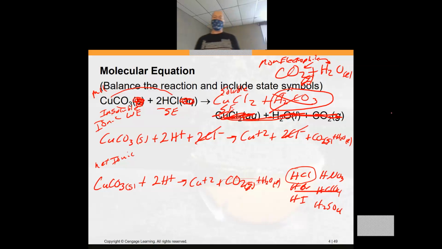That is by far the hardest one that I could put on the test. And your spectator ions, there's just one. That is the Cl minus that canceled on both sides, but 2Cl minus, it doesn't matter. Cl minus was in the initial reaction, but not in the net ionic. It is a spectator ion.